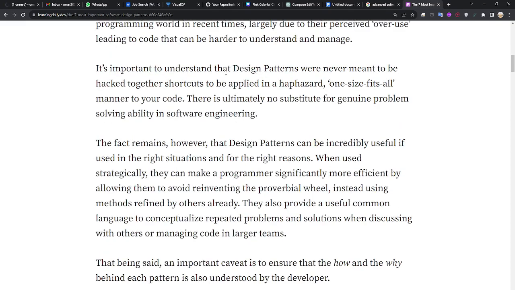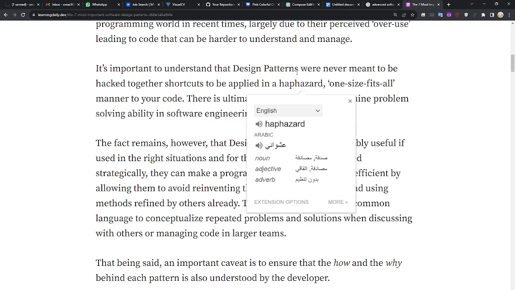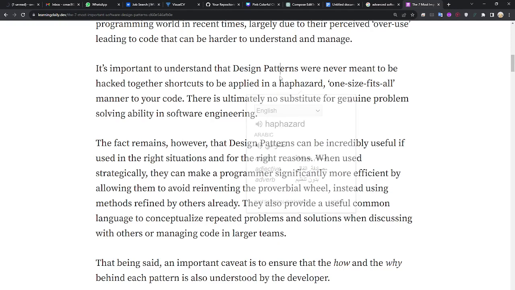It's important to understand that design patterns were never meant to be hacked-together shortcuts to be applied in a haphazard, one size fits all manner to your code.